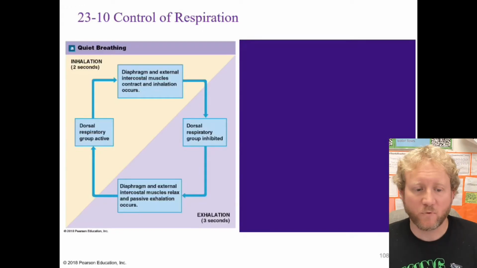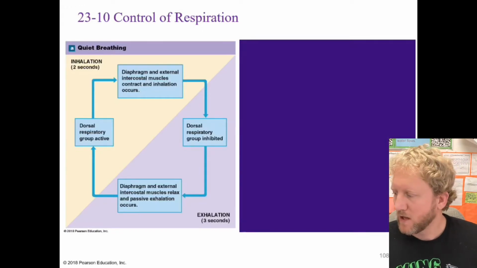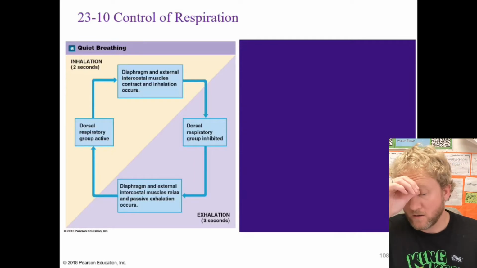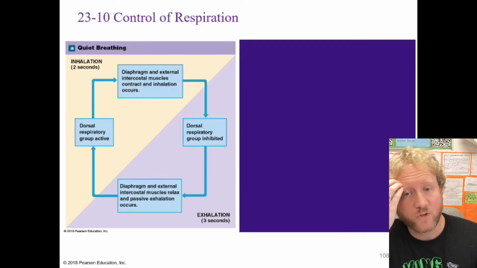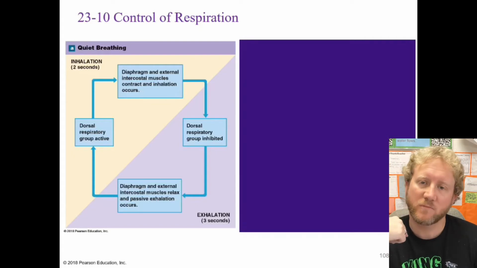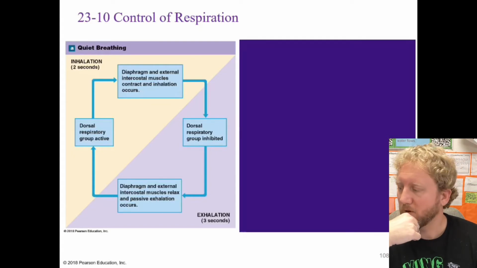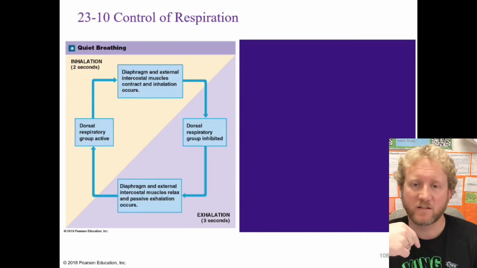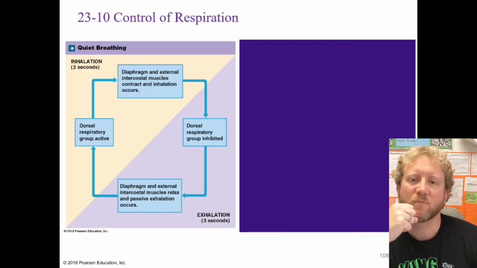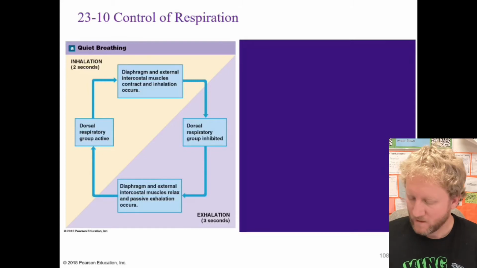In quiet breathing during inhalation, the DRG is going to be activated briefly, which is going to stimulate those inhalation muscles. And then the neurons become inactivated to allow those muscles to relax.